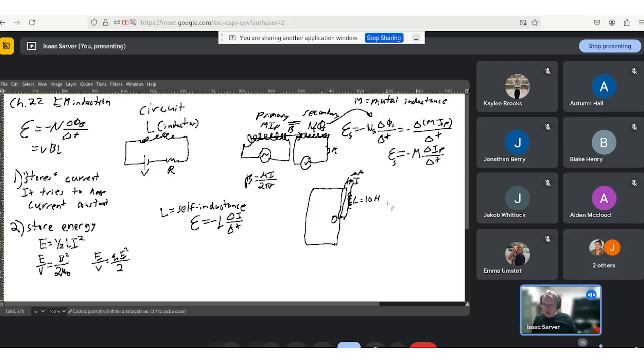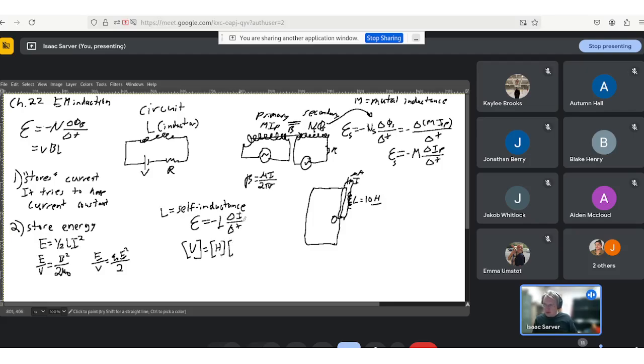Right. I did mention that the unit of inductance is a Henry. So let's check that. Let's put that into context with what other units are. So we have volts here. Minus is a number, don't care about that. We got the units of inductor, which is a Henry.